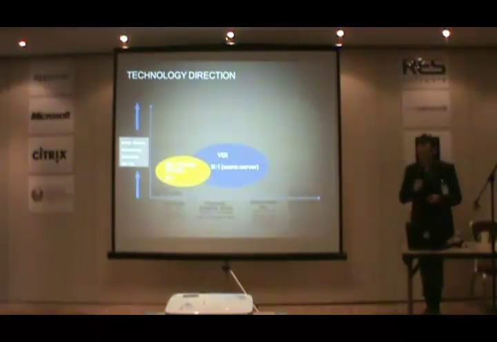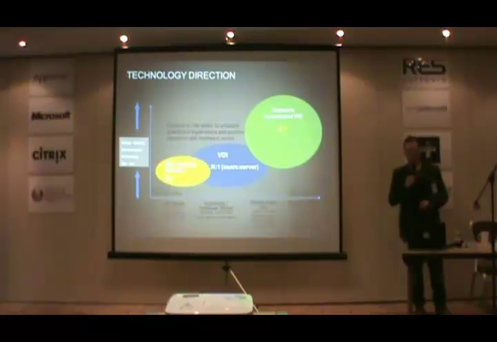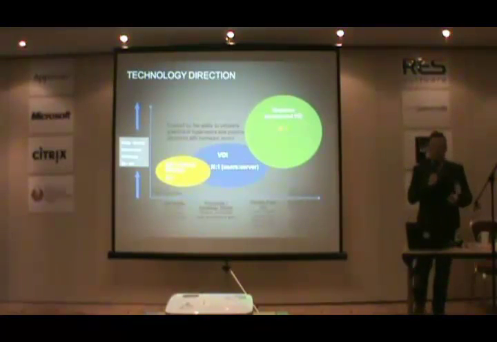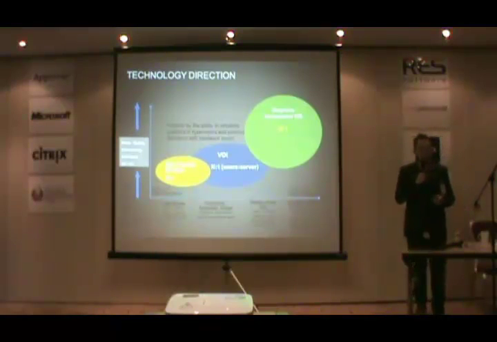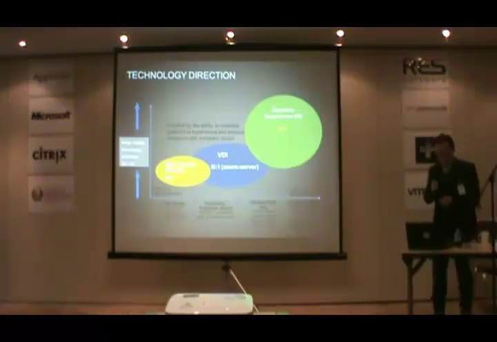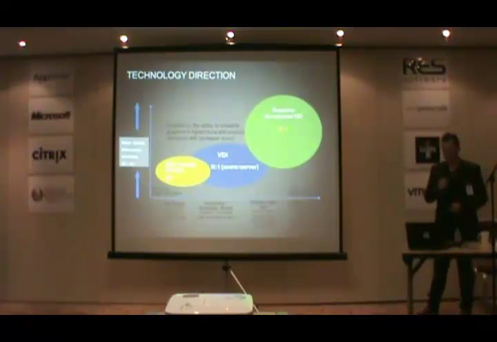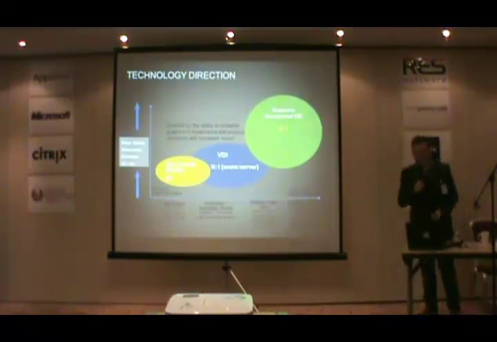This is something you're capable of doing with the new graphics accelerated VDI, which is one-to-one. I know that in the future it will be more many-to-one, but we are not there right now. I will talk about how we will be able to virtualize graphics in a hypervisor and also through protocols.